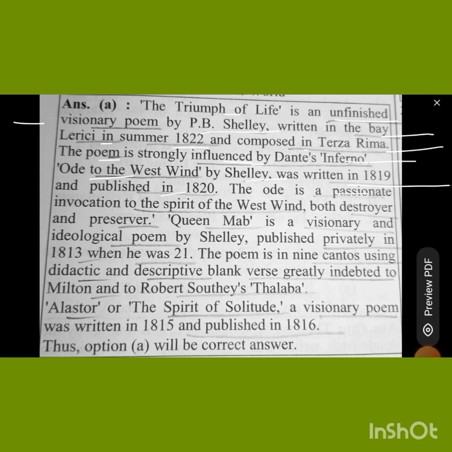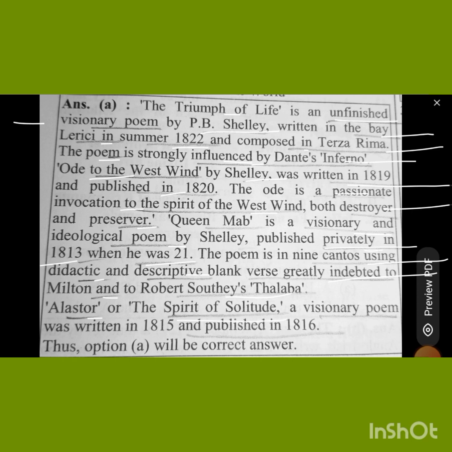The ode is a passionate invocation to the spirit of the West Wind, both destroyer and preserver. Queen Mab is a visionary and ideological poem by Shelley published privately in 1813 when he was 21. The poem is in 9 cantos using didactic and descriptive blank verse, greatly indebted to Milton and to Robert Southey's Thalaba.